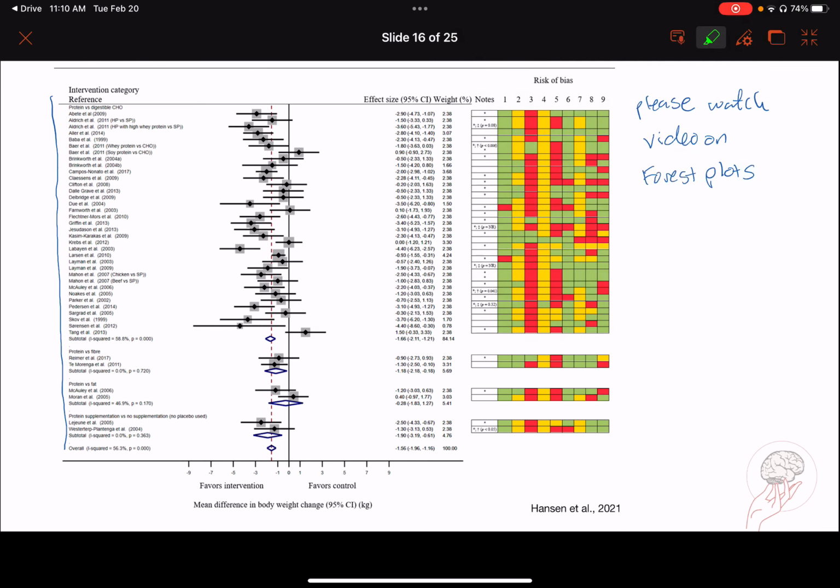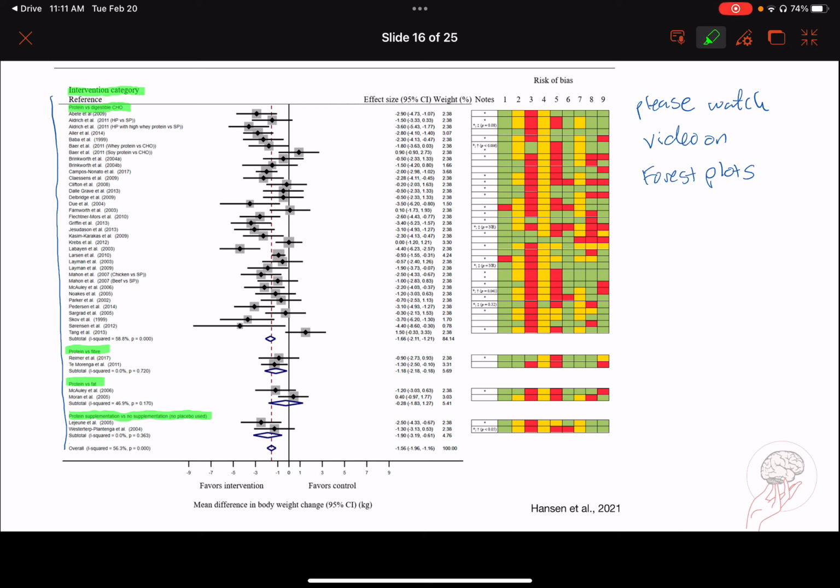So first let's highlight. It has an intervention category. So this first one is protein versus digestible carbohydrates. The next is protein versus fiber. You can tell this is from a British journal because they spell fiber differently. This one is protein versus fat, and this is protein supplementation versus no supplementation.